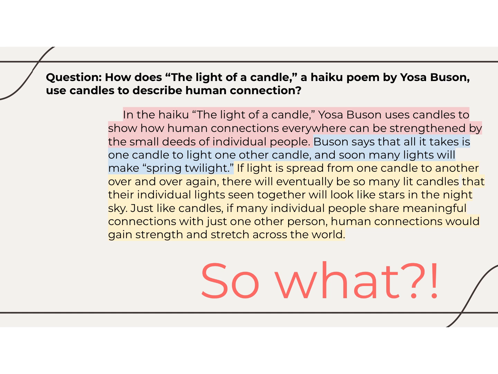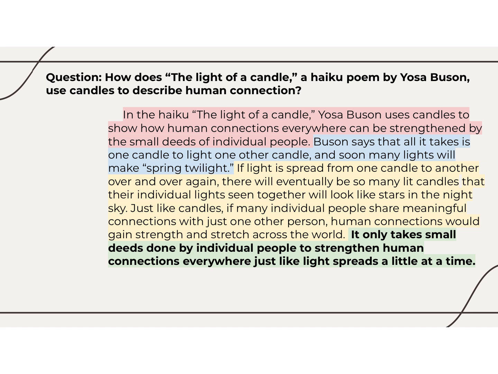So what? Why should we care about this? We need one more sentence to wrap it all up. How about this one? It only takes small deeds done by individual people to strengthen human connections everywhere, just like light spreads a little at a time. And I hope that you can see how this final summary sentence helps us to prove that human connections everywhere can be strengthened by the small deeds of individual people.